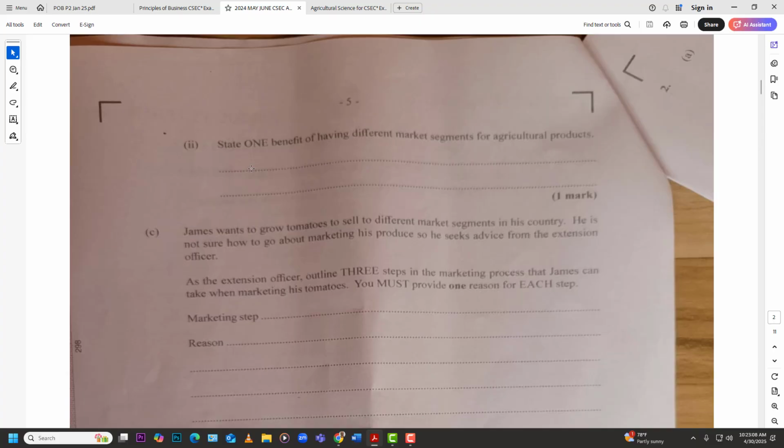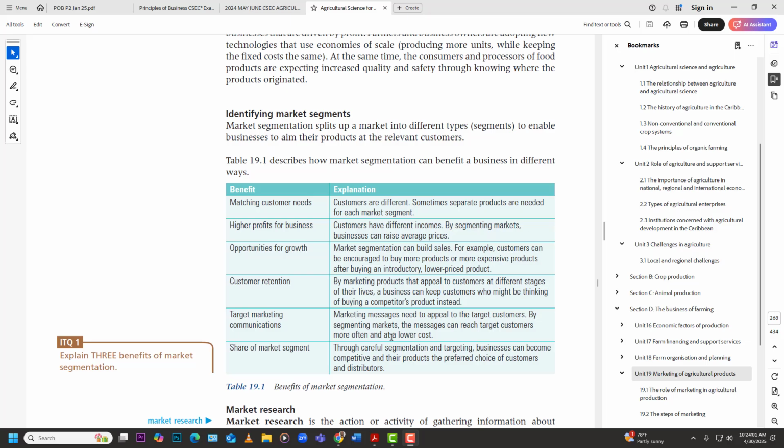All right, state one benefit of having different market segments for agricultural products. We jump to our textbook looking at the market segments. They have it nicely outlined here, where market segments speaks to when you split up your market into different areas, different groups. Right here are the hotels, the grocers, restaurants, etc. There are a lot of benefits to having different market segments.